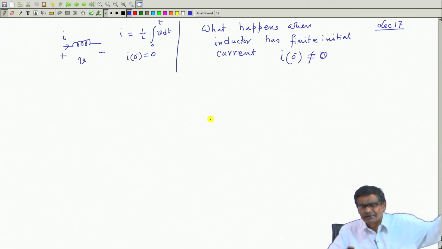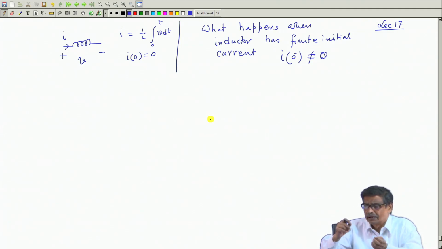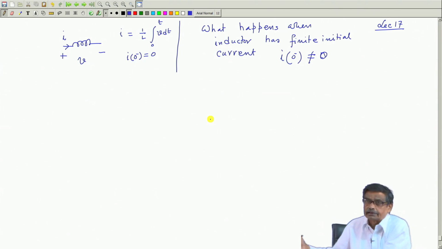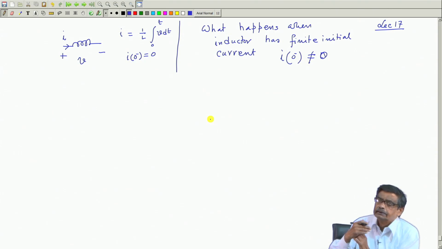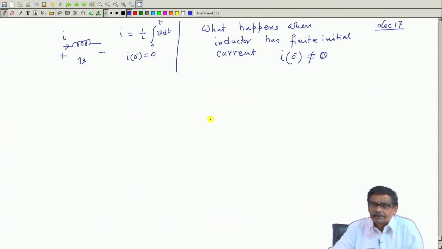This inductor was connected in some other circuit, at some time you are connecting this inductor to some other circuit, and subsequently you want to know what will be the current. Then current variation in the inductor should start from i(0 minus).